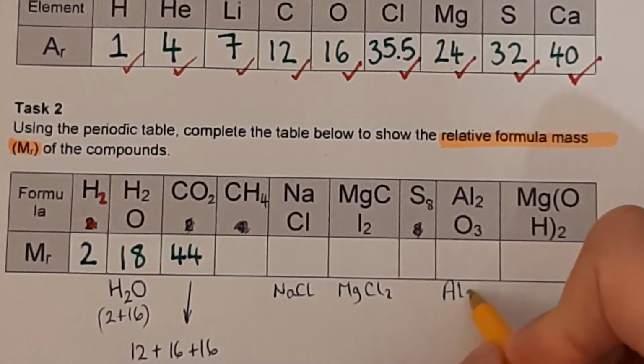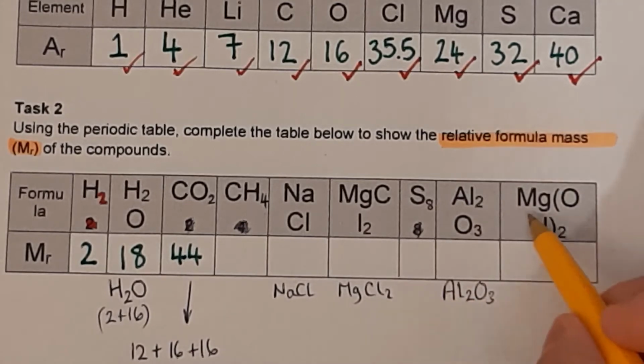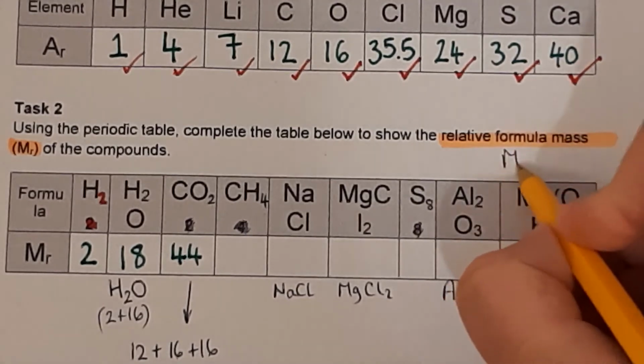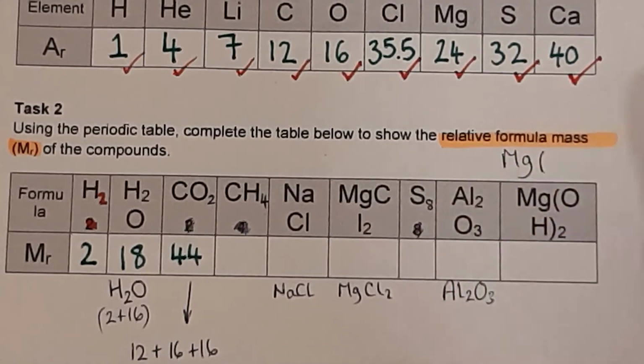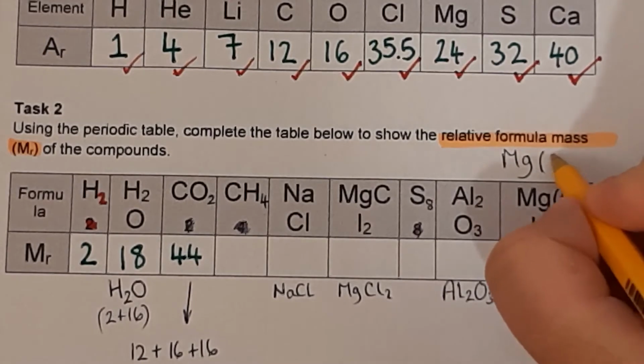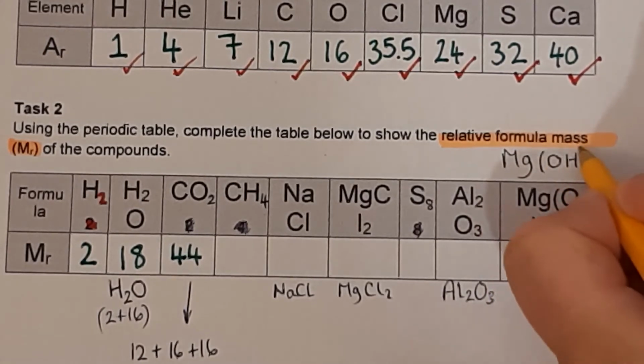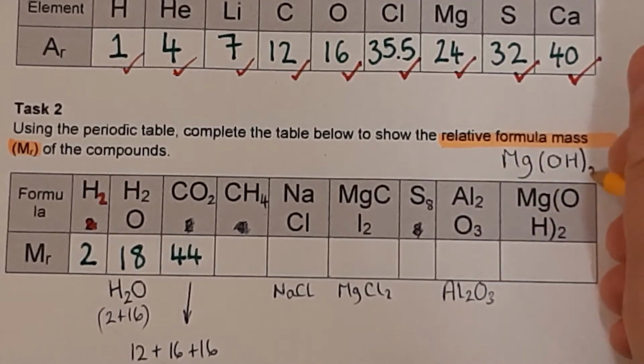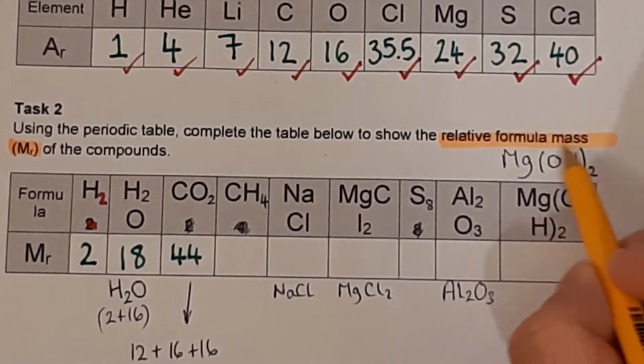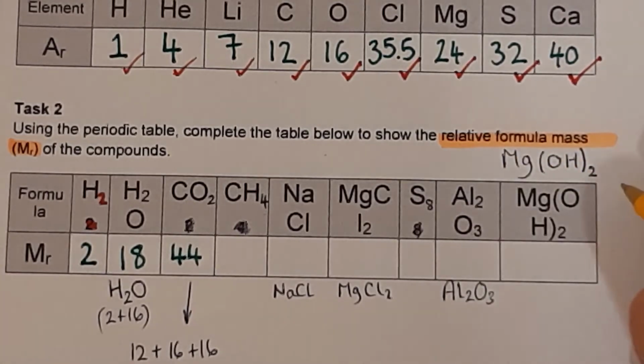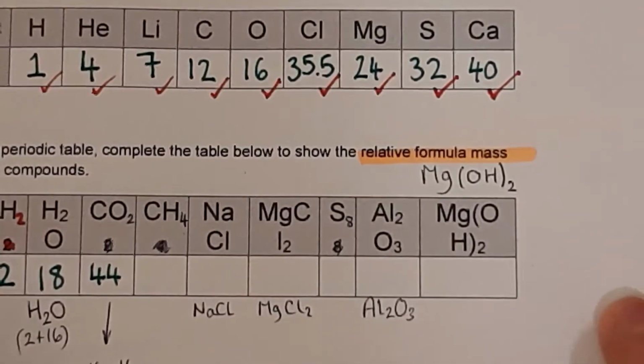So it's Al2O3. And here, this last one, which is very tricky, should ideally be written as Mg for magnesium, and then we open our brackets, and it's OH, close the brackets, 2. Now this tells us that there are 2 lots of OH attached to the magnesium, and in fact we could draw this one if we wanted.